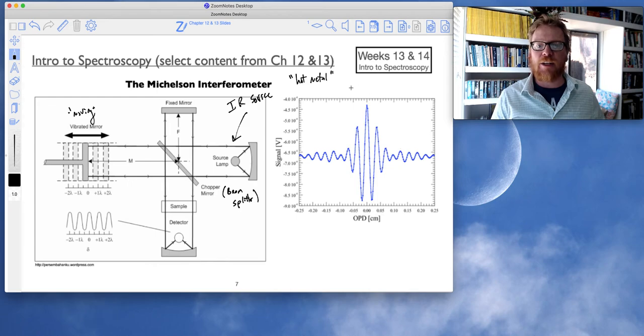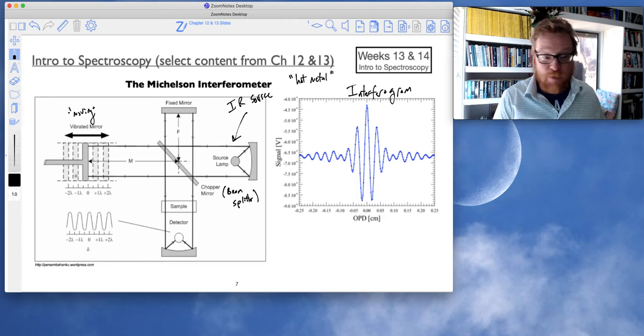So this is an interferogram. This graph right here, interferogram. And this X scale right here is the distance that this mirror moves, all right? There is some center point right here, given by what's called zero retardation, which is often the word we use to describe how this mirror moves.